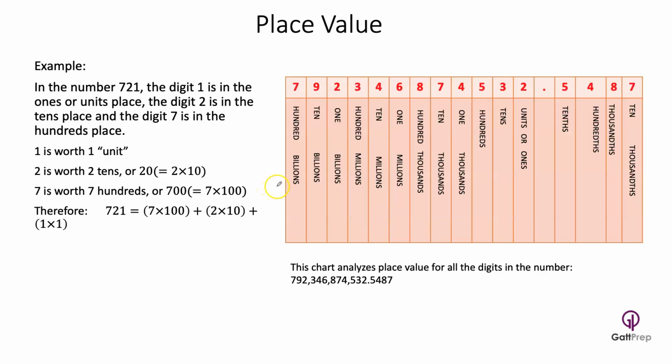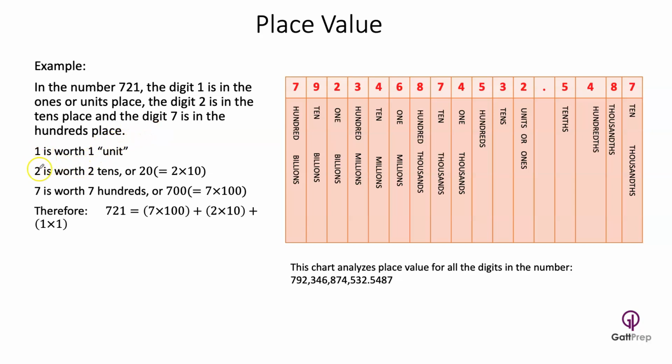Now we'll turn our attention to place value. Place value is the various locations of the individual digits within a number. For example, in the number 721, the digit 1 is in the ones or unit place. The digit 2 is in the tens place, and the digit 7 is in the hundreds place.